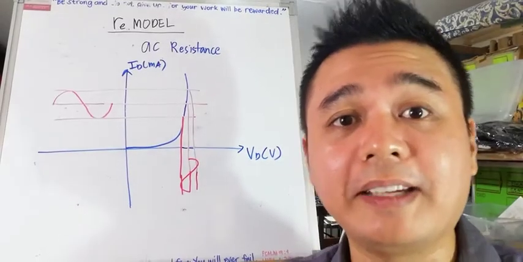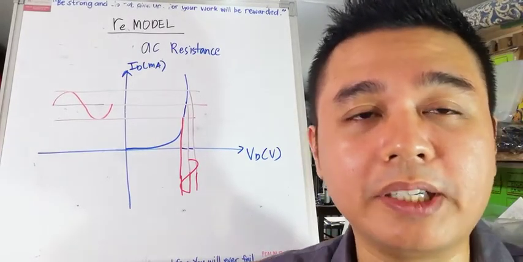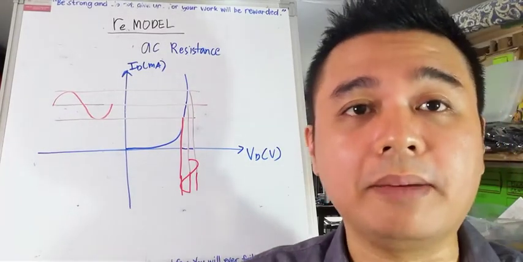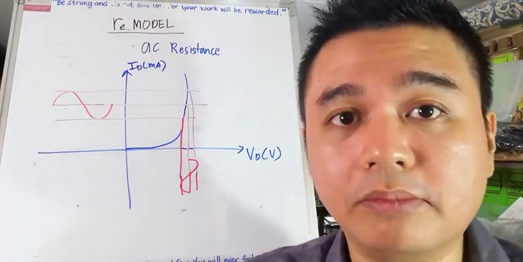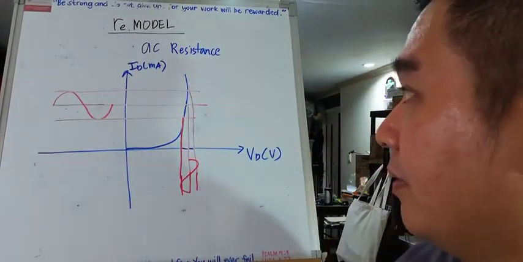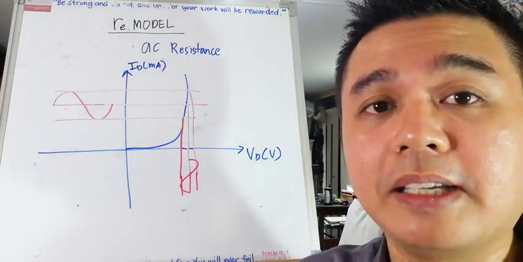But what if ang in-apply natin sa diode is AC? So what will happen to the diode voltage and the diode current? So for example, meron tayong sine wave na in-apply sa ating diode. And we will project that onto the diode characteristic curve. As you can see here, nagbabago yung kuryente natin. So it has a change.